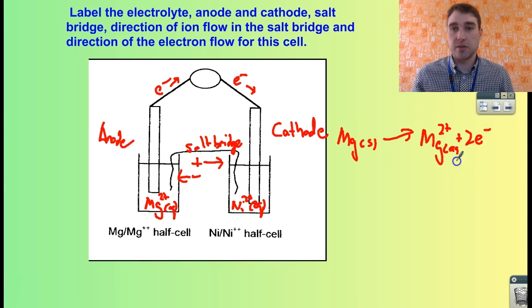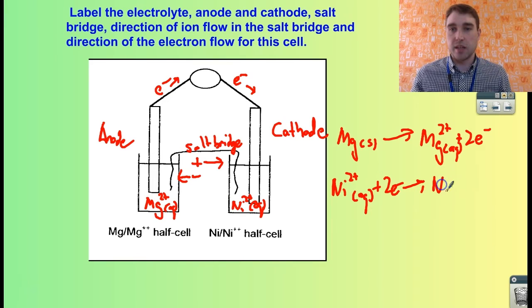And the magnesium is going into solution as magnesium ion, so it's going in as aqueous. So that means that at our nickel cathode over here, the nickel ions are being reduced. So nickel 2+ aqueous, the ions are being reduced, they're gaining electrons, and you're making a solid nickel.